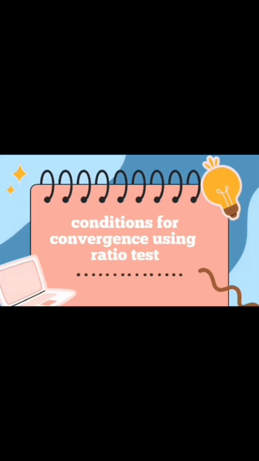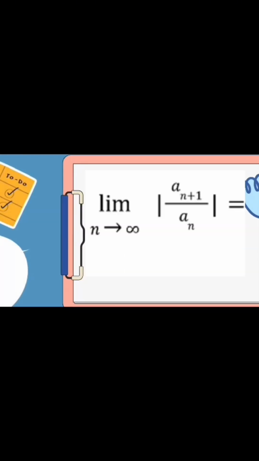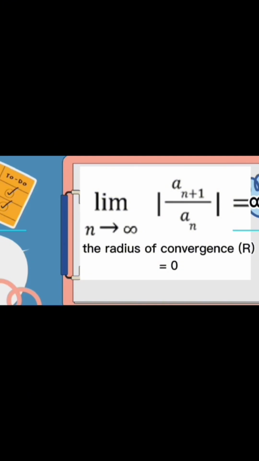And here are the conditions for convergence using the ratio test. First, if the limit as n goes to infinity of the absolute value of a sub n plus 1 over a sub n is equal to 0, then the radius of convergence r is infinity. Second, if the limit is equal to infinity, then the radius of convergence r is 0.